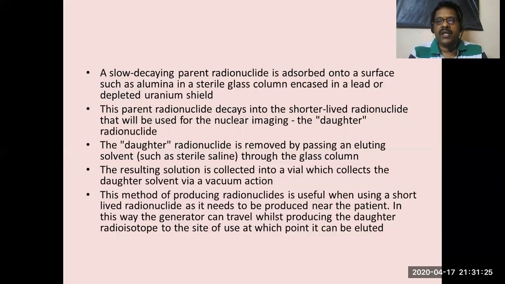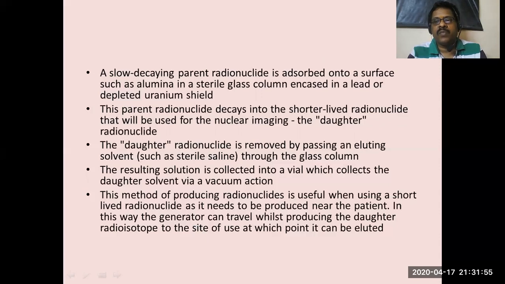If any liquid like normal saline is passed through this glass column, because of the poor affinity, the decayed product technetium will be eluted out and washed out with the flowing sterile saline solution. It will be filtered and collected.